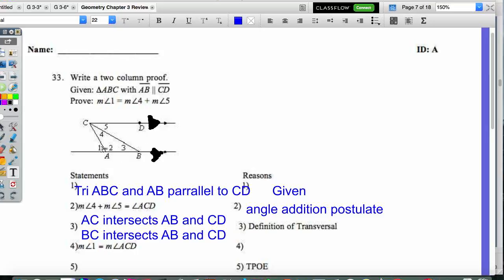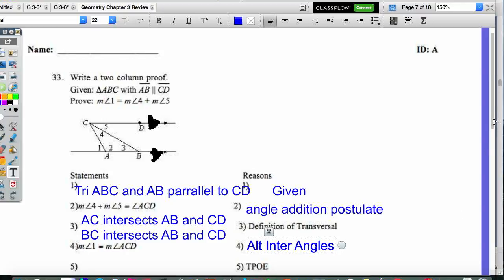So now we have the measure of angle 1 is equal to ACD. So those are two parallel lines cut by a transversal, and they're congruent. Then those angles are congruent by alternate interior angles. Once again, I would feel better if it said they were congruent and then another step that they were equal, which would be definition of congruence, but that's not the way this proof did it.